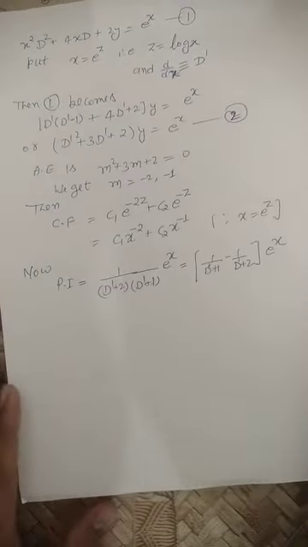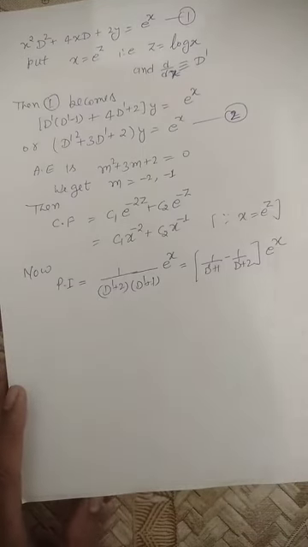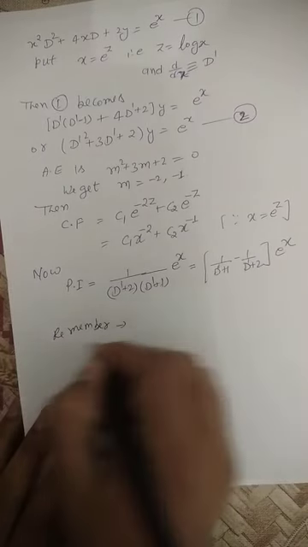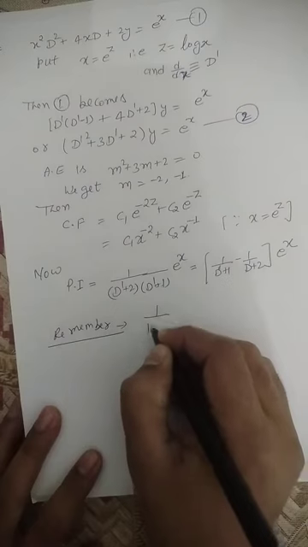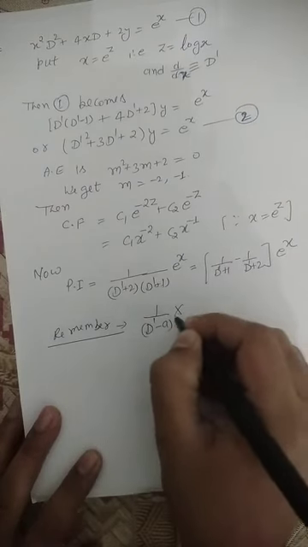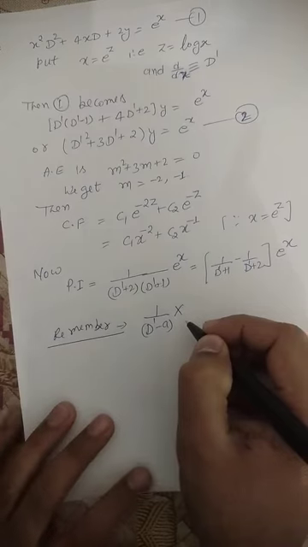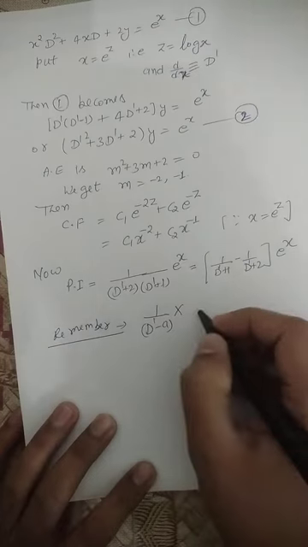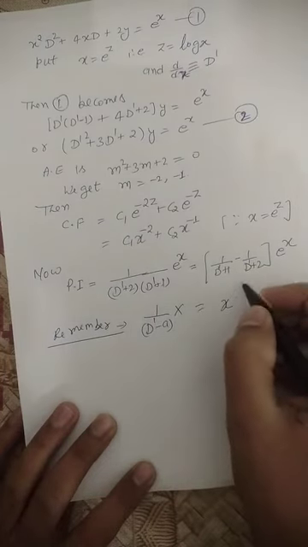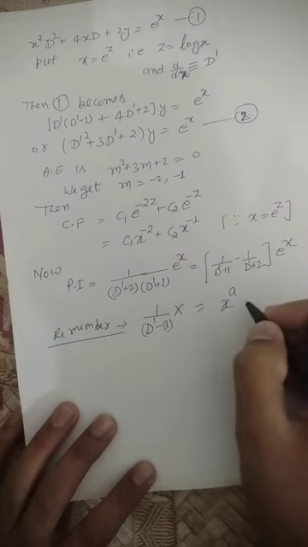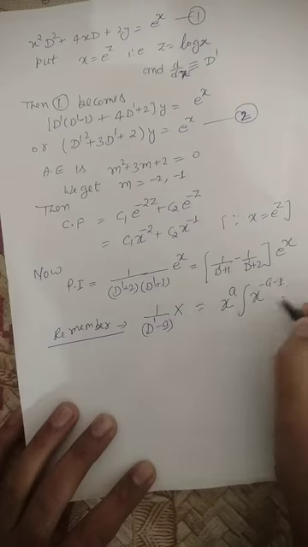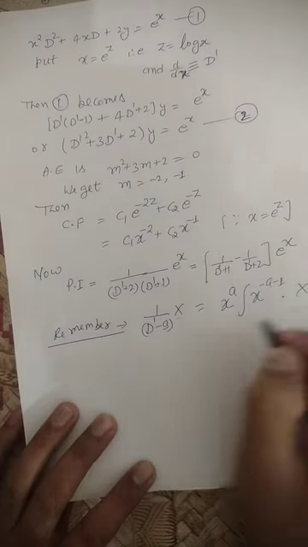You have to remember one formula. I am going to write this. If you have 1 over D dash minus a acting on X, where X is a function of x, you can write this as x to the power a times the integral of x to the power minus a minus 1 into X dx.